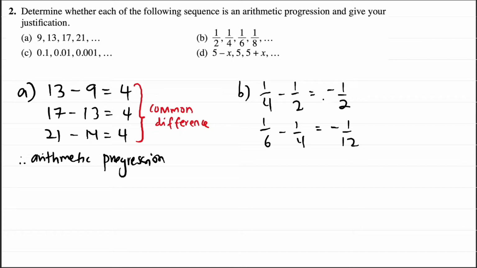So bila once kamu dah dapat common difference yang berbeza, so kita boleh conclude dia not arithmetic progression. Macam tu je. Okay.